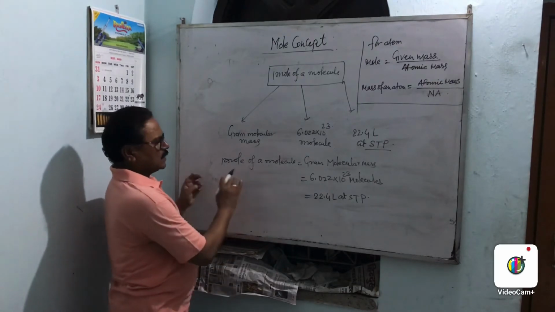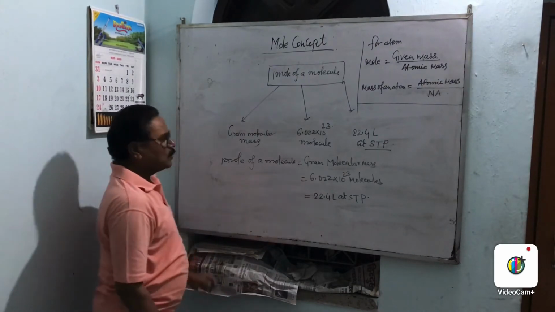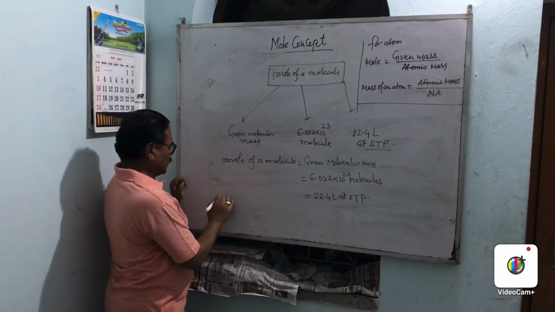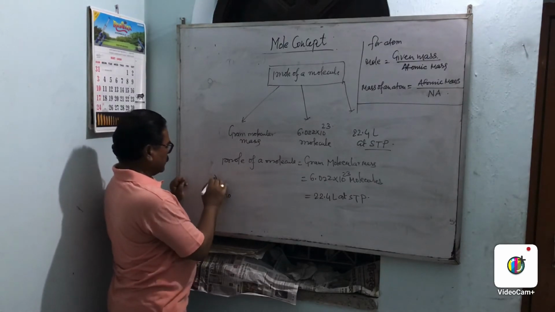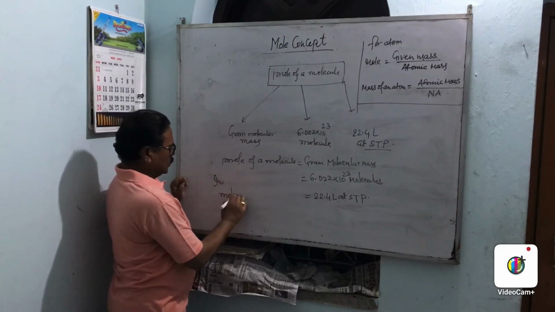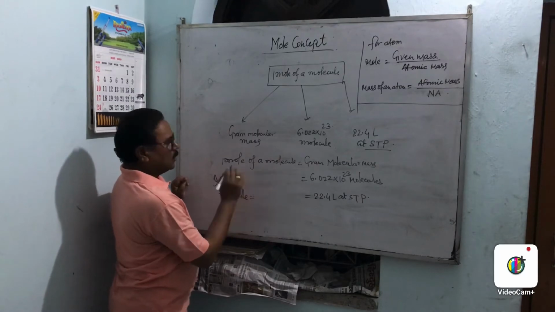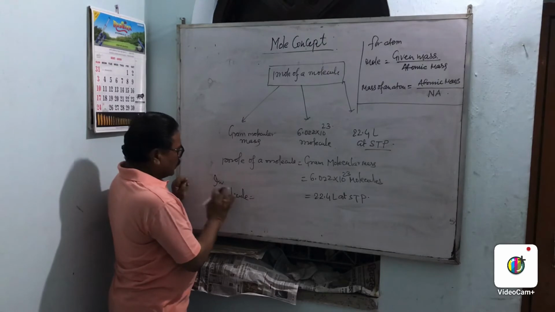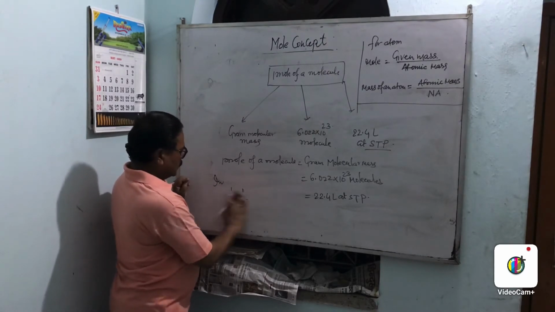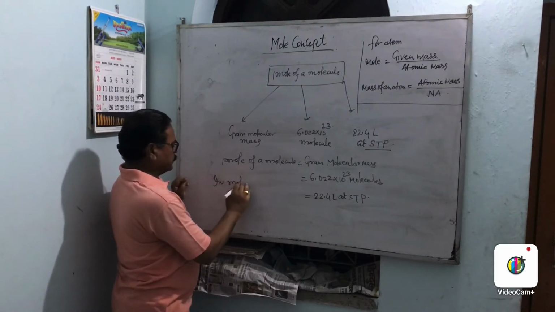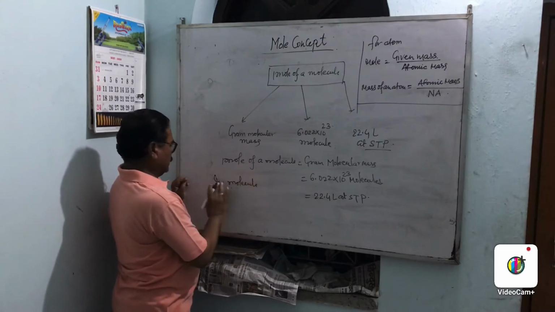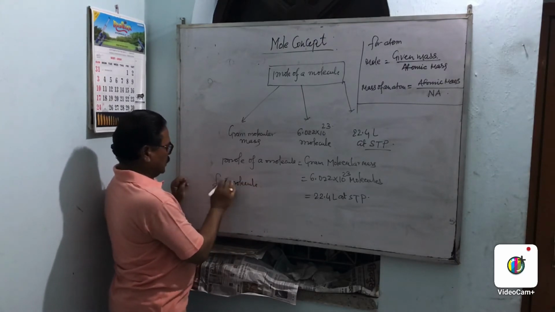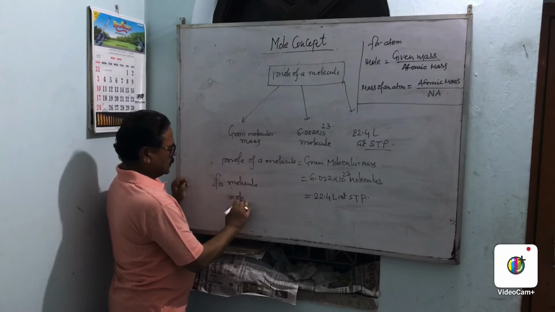So this is a relation, they all are equal. Now similarly here, mole is equal to mole of a molecule. In molecule, no need to again deduce it. How do we calculate in molecule? For molecule, mole is equal to what?